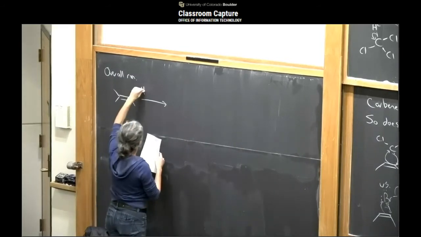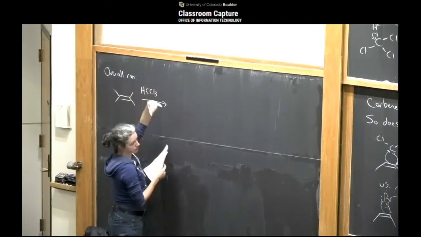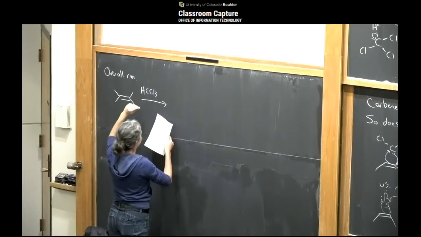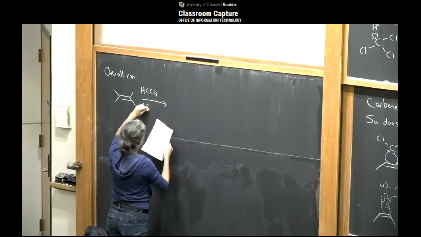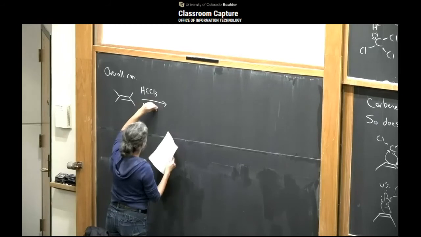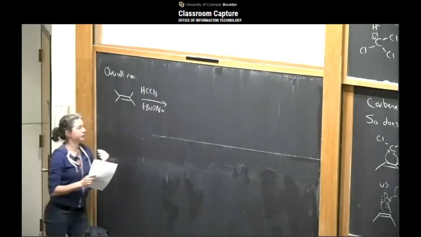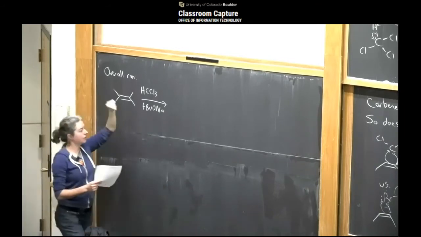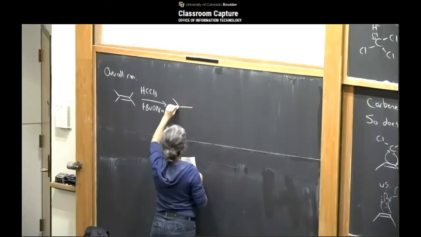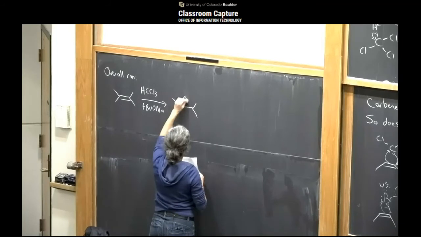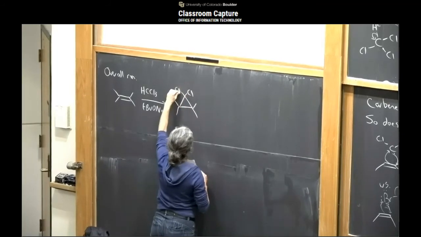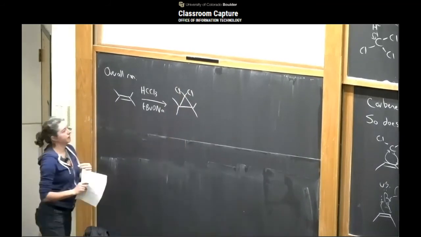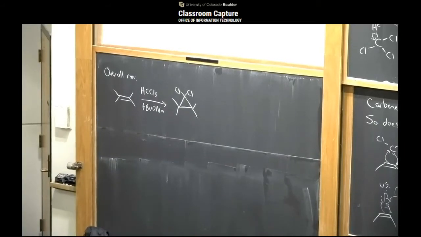We hit it with HCCl3, which is our chloroform, and we hit it with some kind of tert-butoxide containing thing. Maybe let's show a counterion just for completion, although it's not required. And then we go straight from the alkene to our new two-chlorine-having cyclopropane ring.